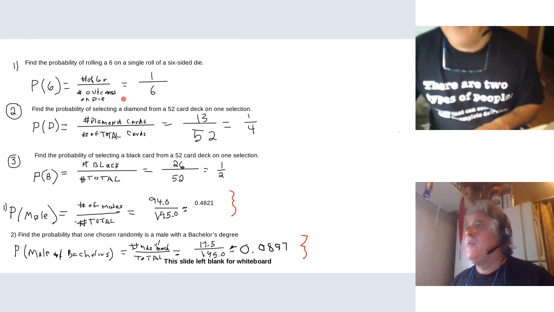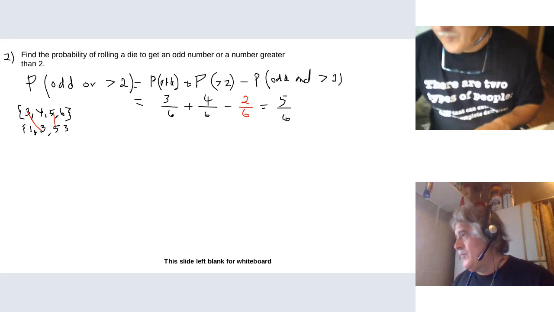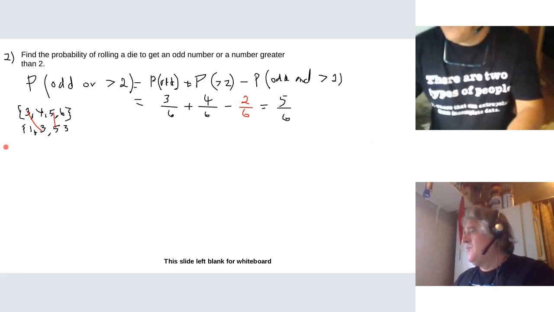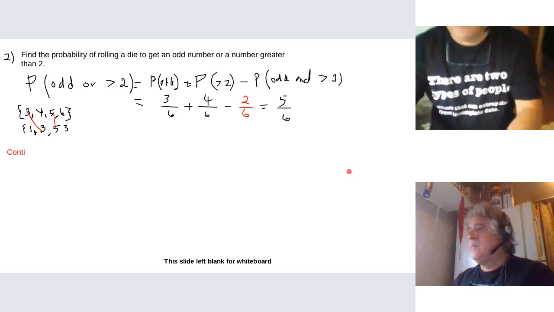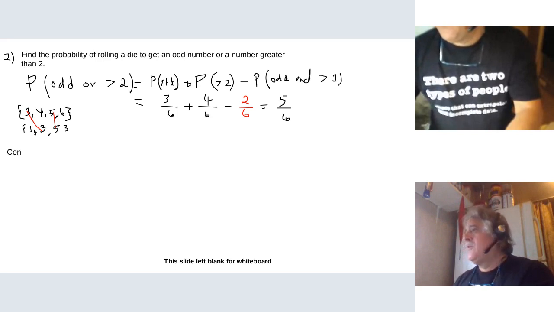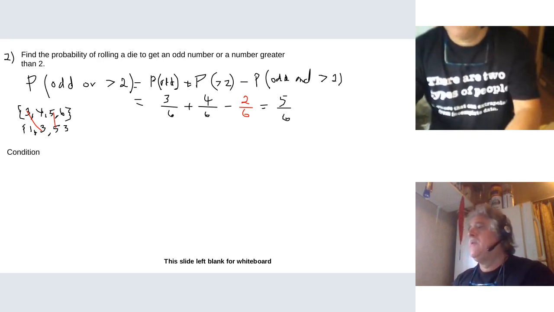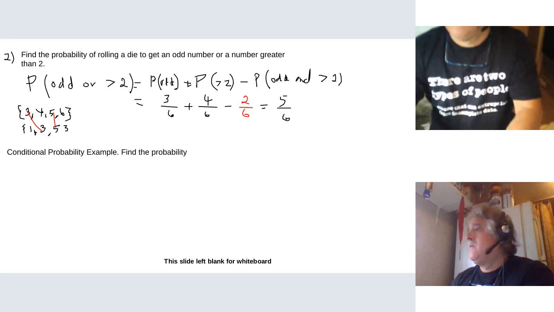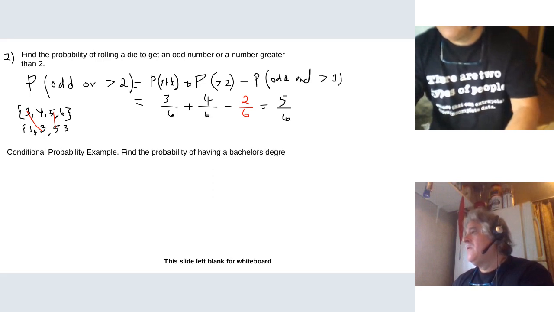So I'm going to write over on the new screen. Somehow it defaults to red.